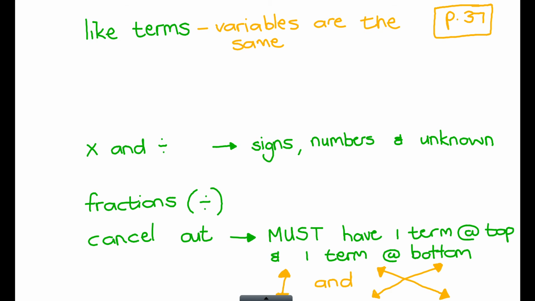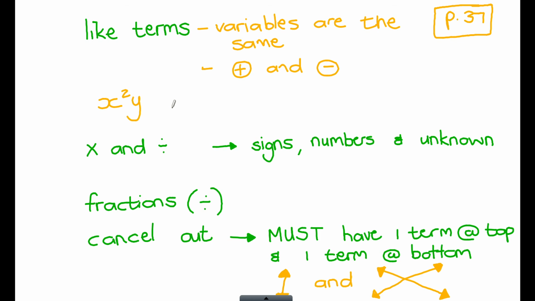Okay, now, only like terms we are allowed to add and subtract. So those ones that look exactly the same, they are going to be like terms. Okay, so just an example, x squared y.